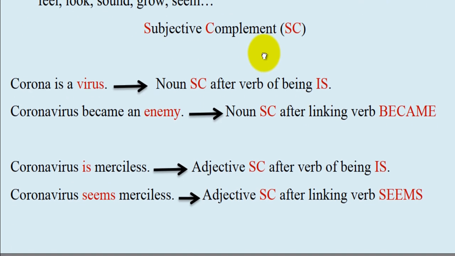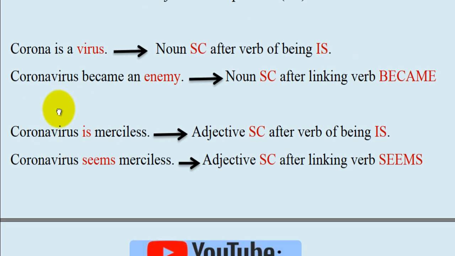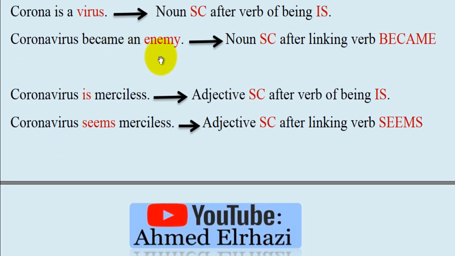Subjective complement. Look at the examples. Corona is a virus. Noun that serves as subjective complement after verb of being is. So virus is a noun that serves as subjective complement after verb of being, verb to be. Coronavirus became an enemy. An enemy is a noun that serves as subjective complement after linking verb became.